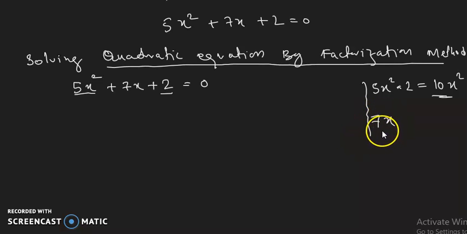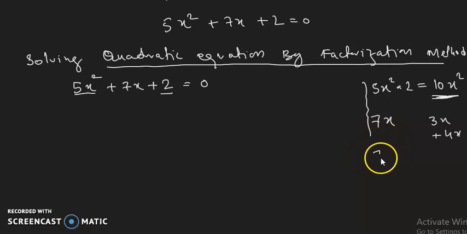So what are those two terms? 7x can be written in many ways, like 3x plus 4x. But 3x times 4x gives us 12x squared, and we need 10x squared. So we need to think a little here.